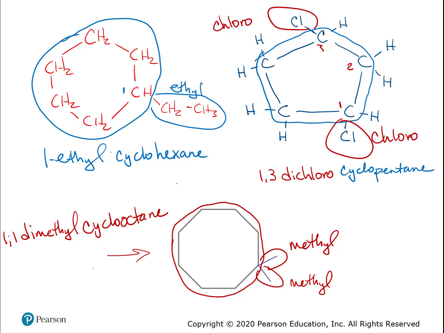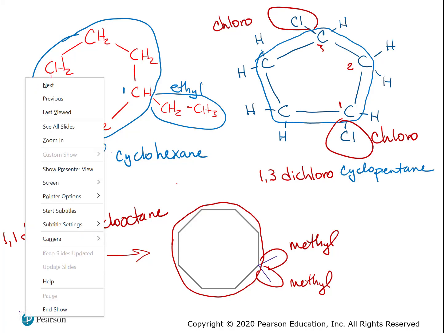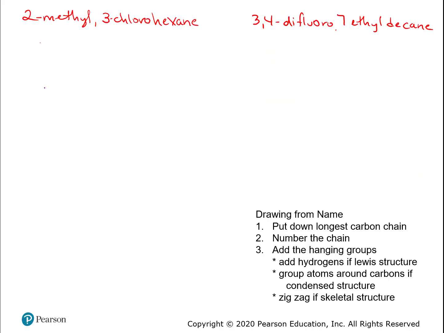Okay, so that shows condensed structural, a Lewis structure, and a skeletal structure with the cyclo. So now let's do the drawing from the naming. If I give you a name, draw this. Here are the steps. I think this is easier, not gonna lie.